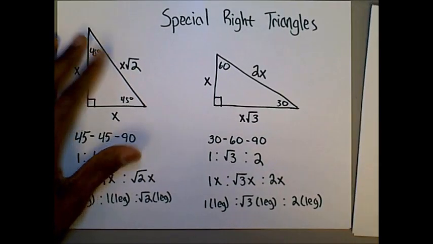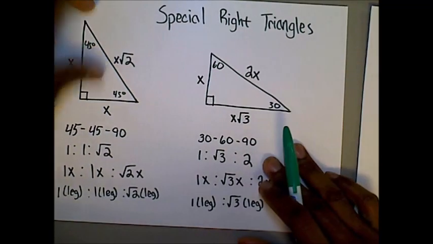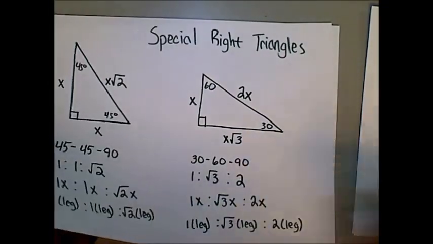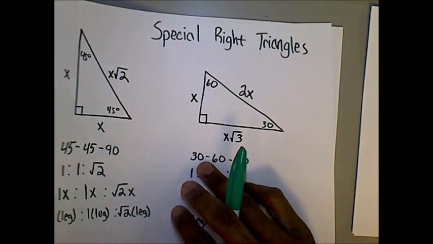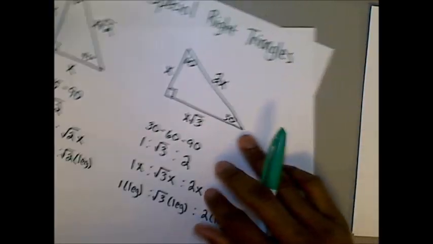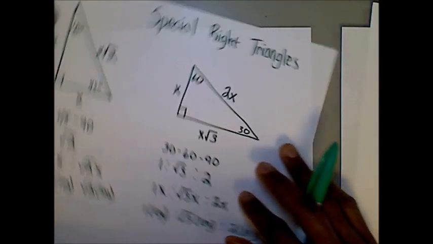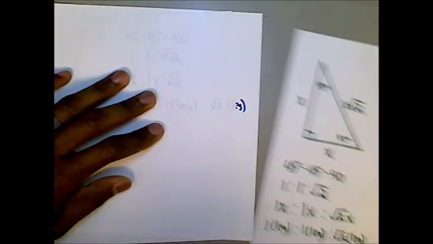Let's do a quick example of a 45-45-90 and then a 30-60-90, and see how to find the values of special right triangles.